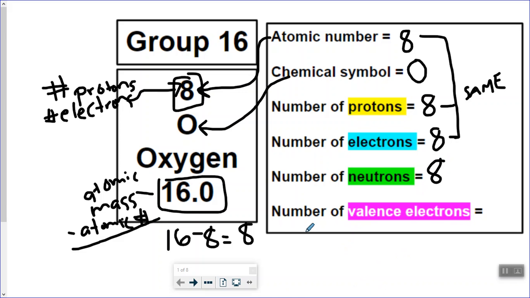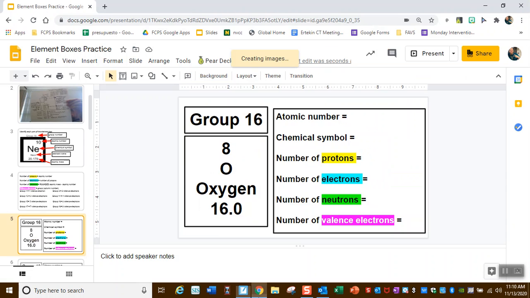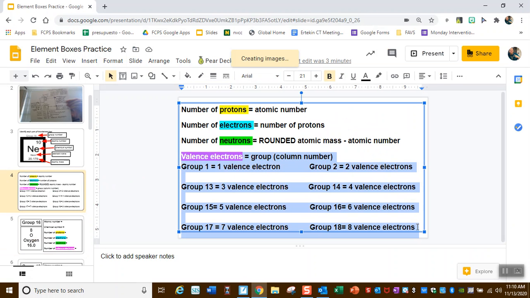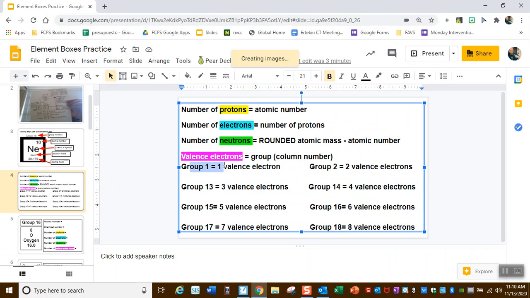Number of valence electrons. Use this to help you, okay? Valence electrons. If it's in group 1, it has 1 valence electron. Grupo 2 tiene 2. Group 2 has 2. And then group 13 has 3. Grupo 13 tiene 3 electrones de valencia.